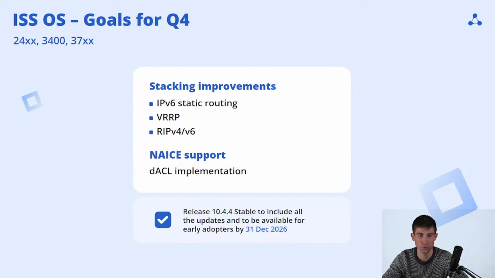In regards to the ISS operating system for the 24, 34, and 37 series, the main feature which we spent quite a lot of effort on was stacking, which was not initially supported by the devices, but was added on the software level this year, and we keep on perfecting it and adding features to this.